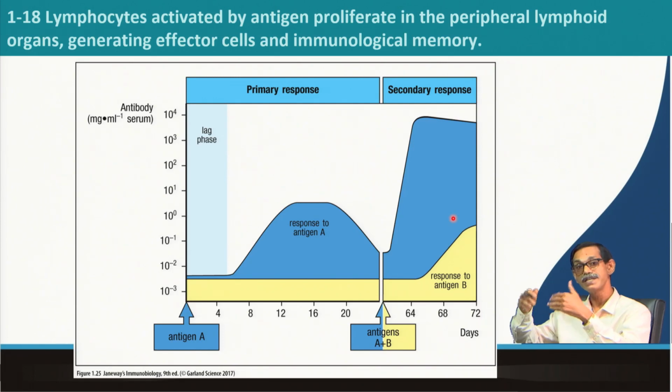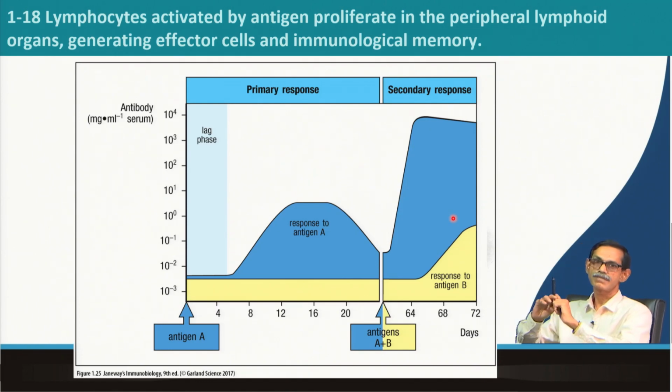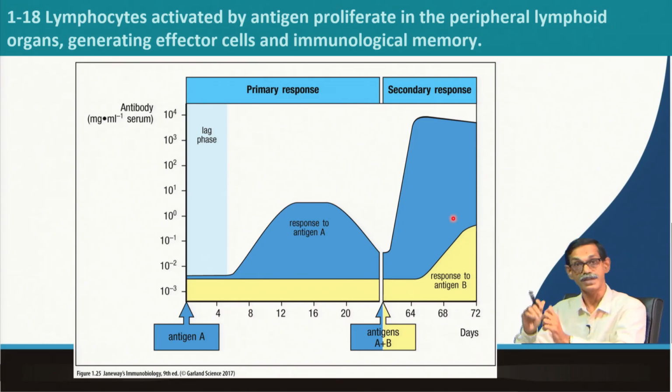So, better quality, more specific antibody is found. In secondary response, it is always better. That is how vaccination or immunization works. We prime our body with the antigen the first time, and in secondary response it goes high and can take care of our infection much quicker and in a more specific, more effective way.